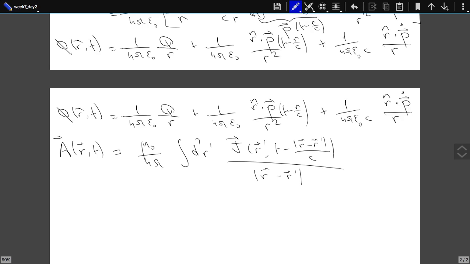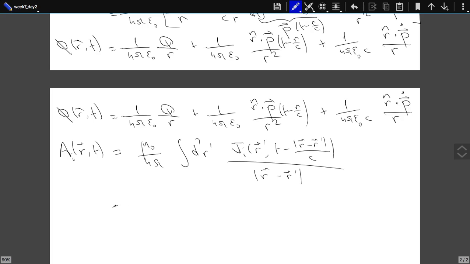Or let's say if you just look at one of the components, now this basically is exactly the same as our expression for the scalar potential. The only difference is that instead of 1 over epsilon 0, we have mu0. So we can basically directly use the previous result.